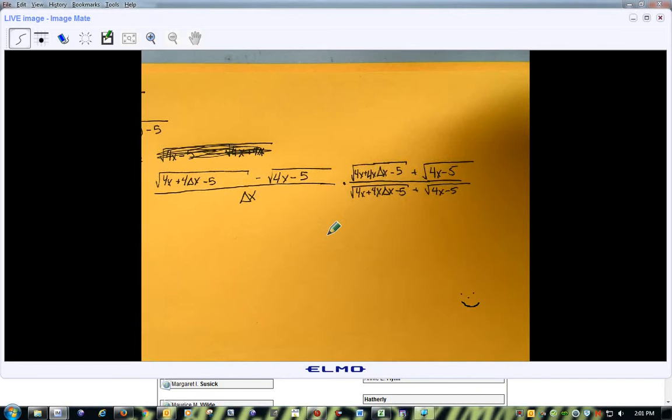And then I'm going to have delta x times the quantity of the square root of 4x plus 4 delta x minus 5 plus the square root of 4x minus 5.